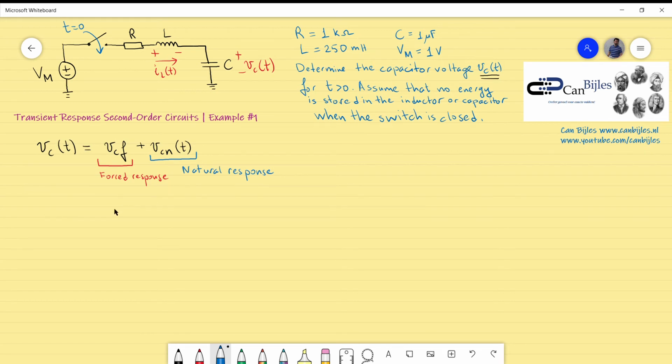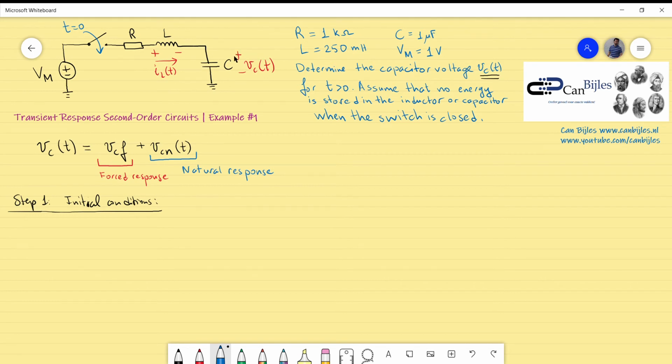Let's start with the situation for the initial value. So what is the initial value? Step 1: initial conditions. What are they? As we can see from the circuit, since the switch is open, there is no current flowing through the resistor, inductor and the capacitor, so the current IL and also the IC for the capacitor will be 0.